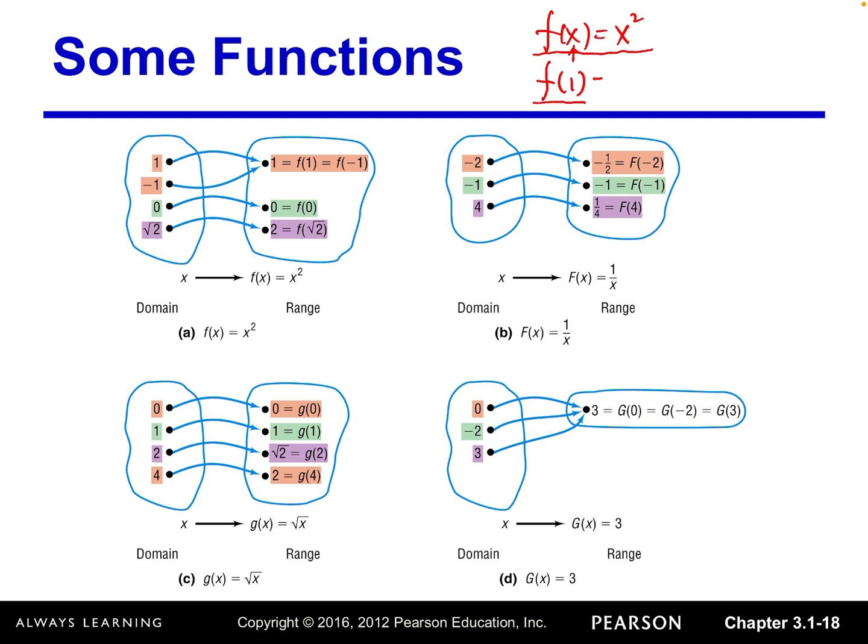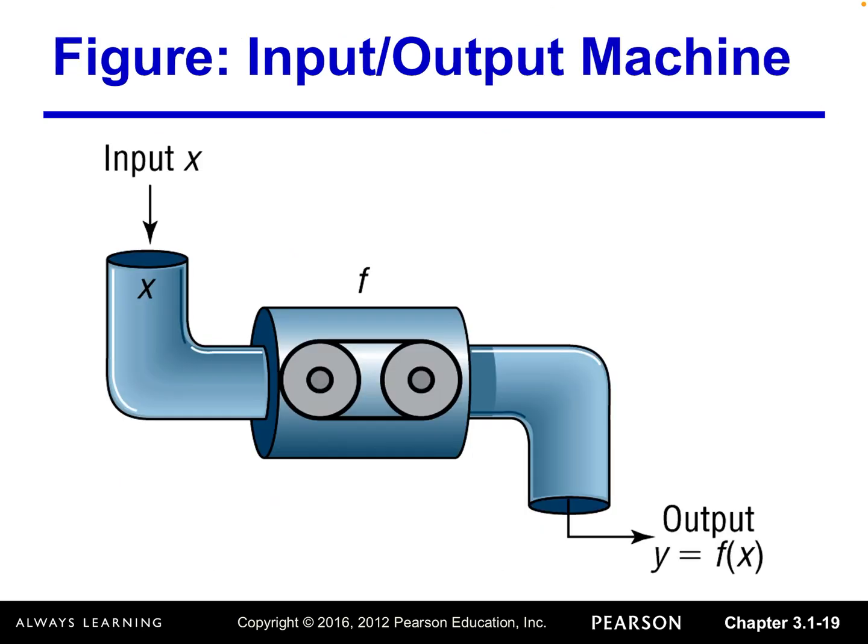So f of 1 means we replace x by 1. That's the same as 1 squared, which is 1. Similarly, we can evaluate f of 3, which is replace x by 3, 3 squared, which equals 9. That's how we evaluate a function.